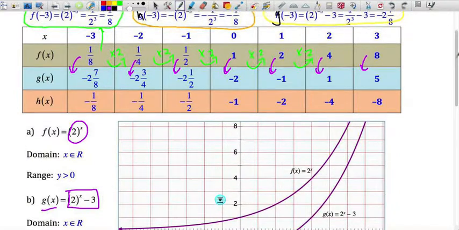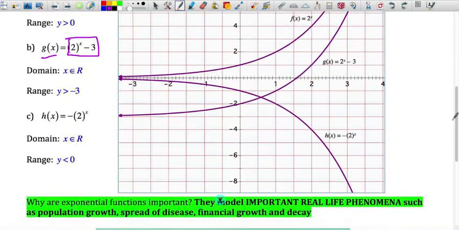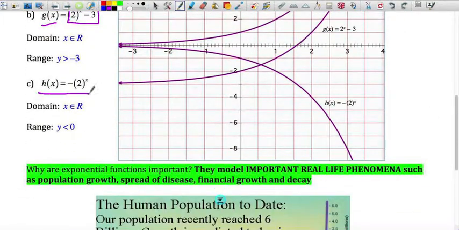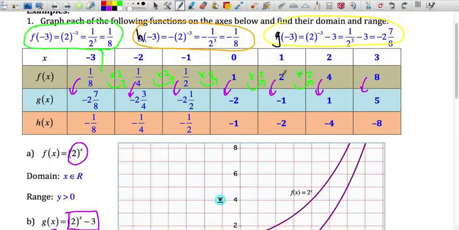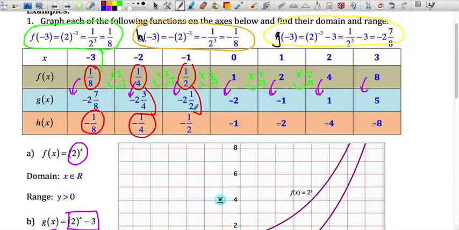And similarly, if we look at the h of x, the h of x function is simply the negative of the f of x function. And so if we come back over here, you'll see once again the f of x value is exactly the same as h of x, except it is a negative in each of the cases.